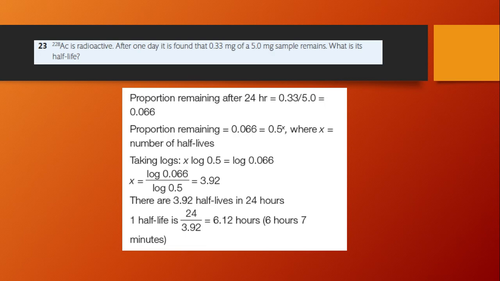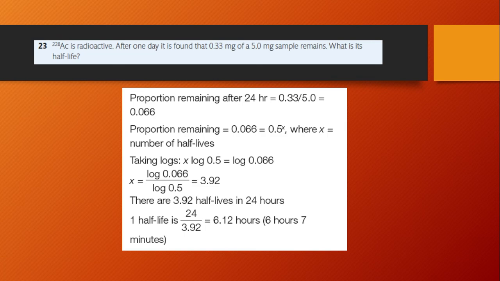Now the proportion remaining is equal to 0.5 to some power x, where x is the number of half-lives. So doing a log of both sides gets us to ultimately get our x by itself, and we get 3.92, which equals the number of half-lives in 24 hours.